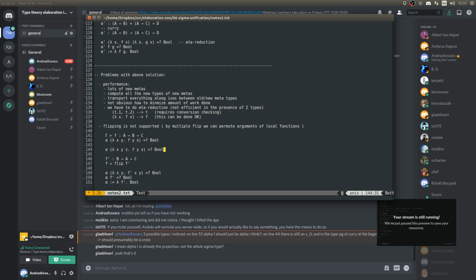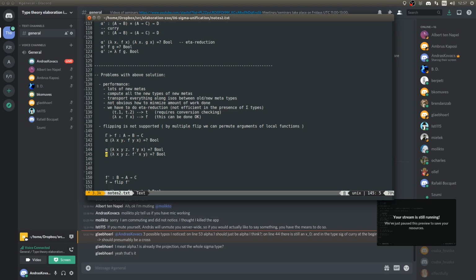I'm not sure if it should be solvable or not, but it's not solvable, because we can just try to do this flipping transformation, and then we have lambda xyz dot f prime xy, but it doesn't help, right? Because this cannot be eta contracted, because this gets in the way. So yeah, but one solution is just to ignore this z argument.